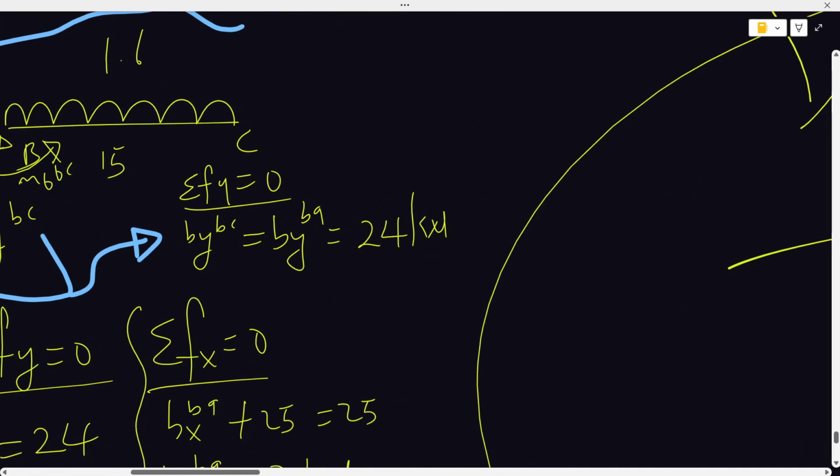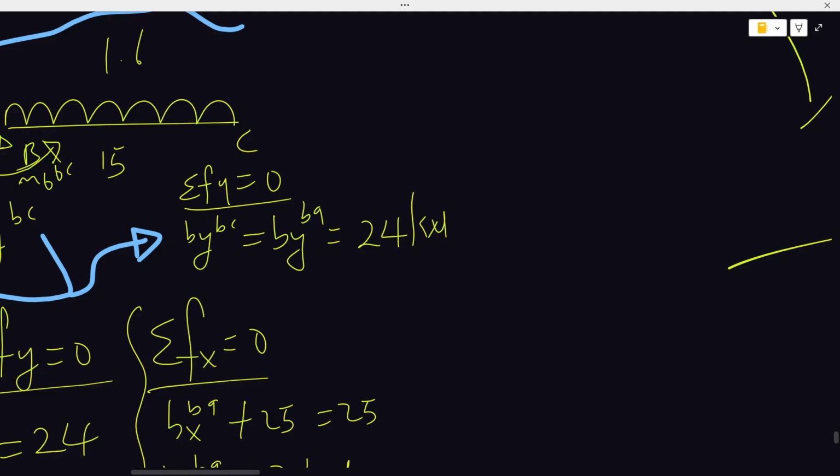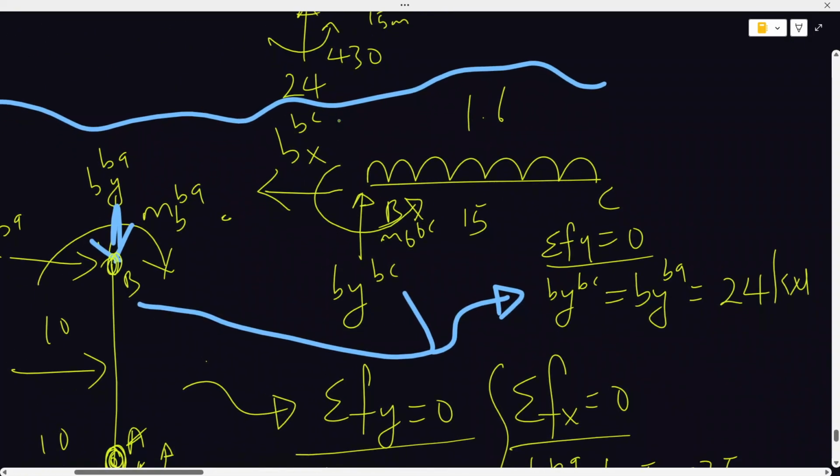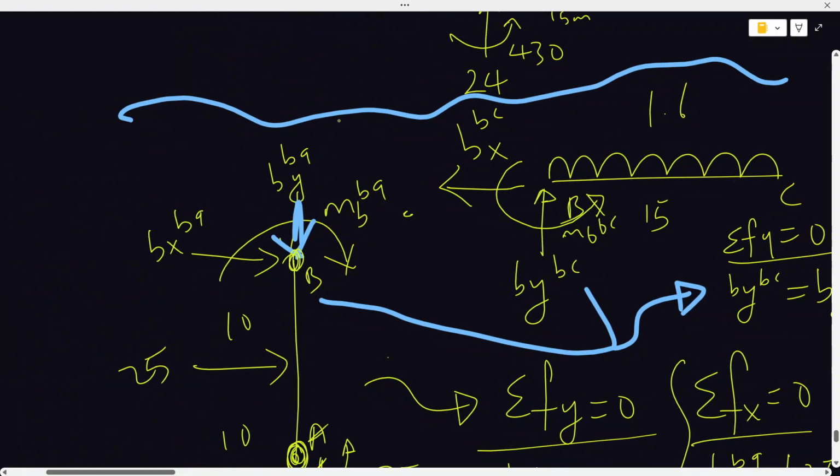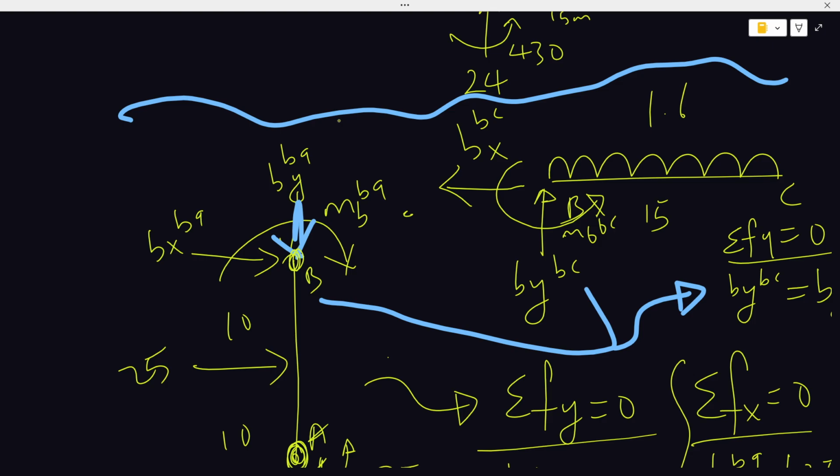Similarly, the summation Fx is 0, but we can't solve for summation Fx. We don't have to waste our time because BXBA is already 0. The point of applying equilibrium equation to joints is to transfer moments from BA to BC, from this point to this point.